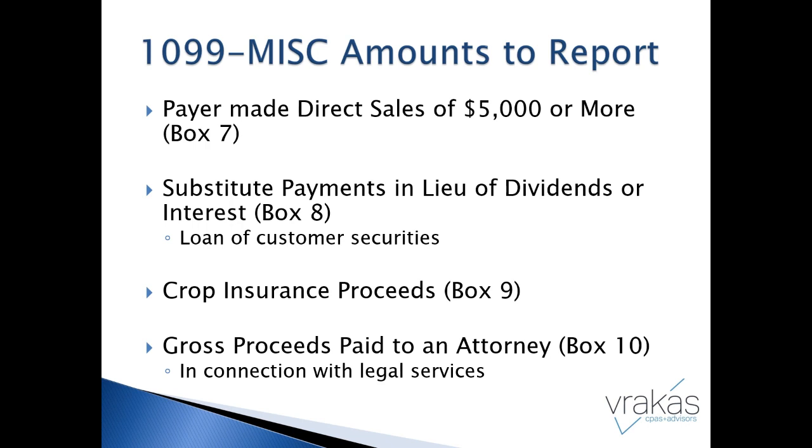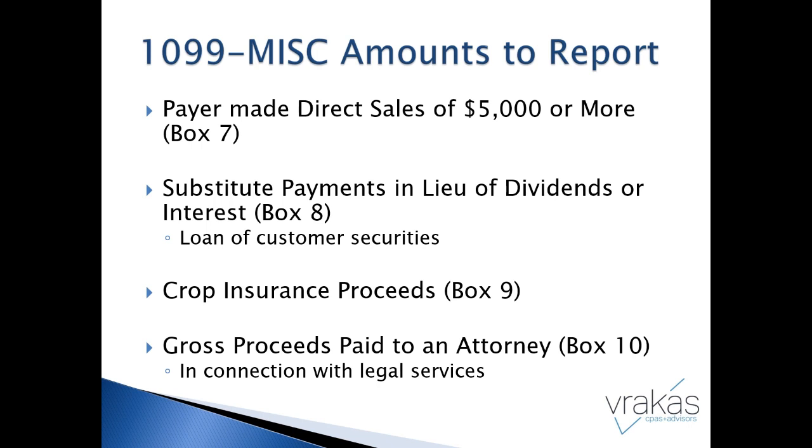Now box 10, gross proceeds paid to an attorney. As I mentioned, there are a couple boxes for attorneys. This one is specifically for gross proceeds, not for legal services that you might pay to an attorney to draw up your organizing documents or to assist with a legal matter as far as bad debts are concerned or writing up any documentation like that.